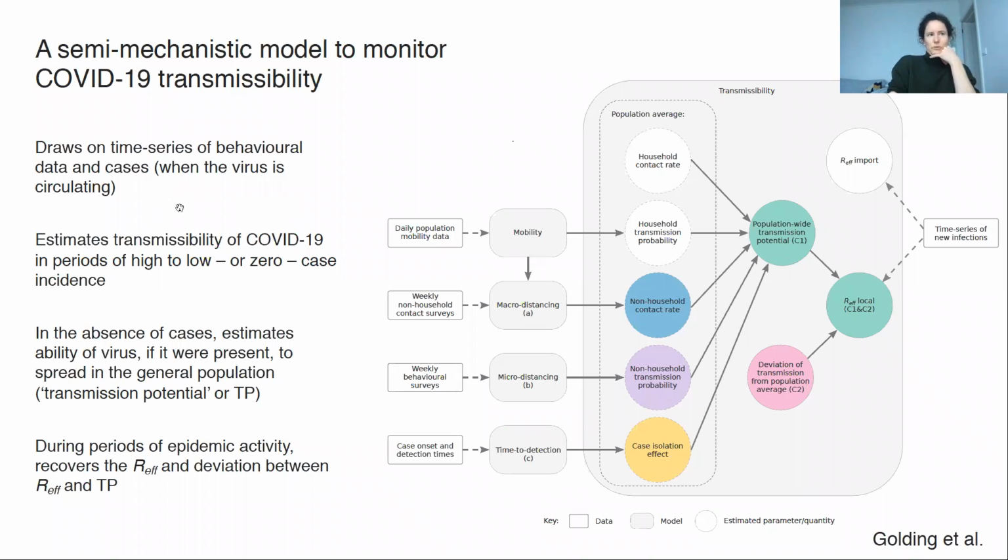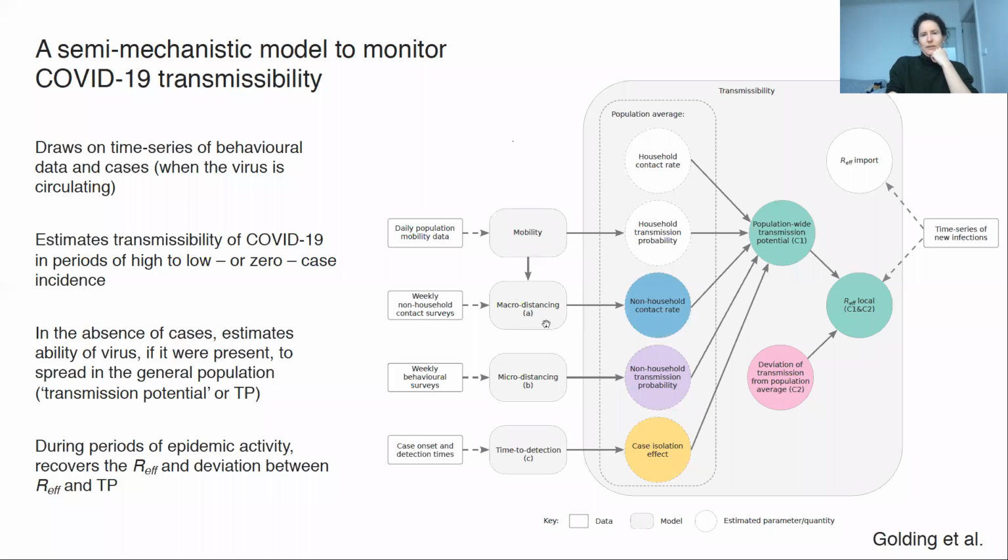So this model draws on time series of behavioural data, and cases when the virus is circulating. These are shown here with the circles. We distinguish between 2 types of behaviour.